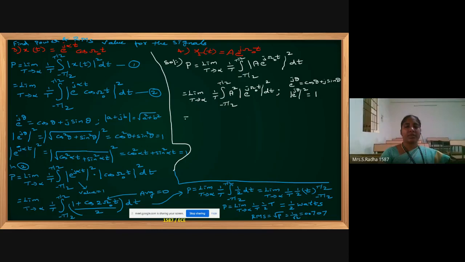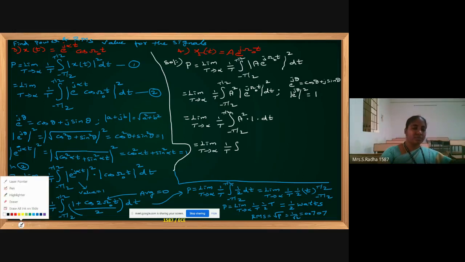In the next step, I will substitute 1. Integration from minus T by 2 to plus T by 2, A square into 1 into dt. So when we do integration, what will happen?